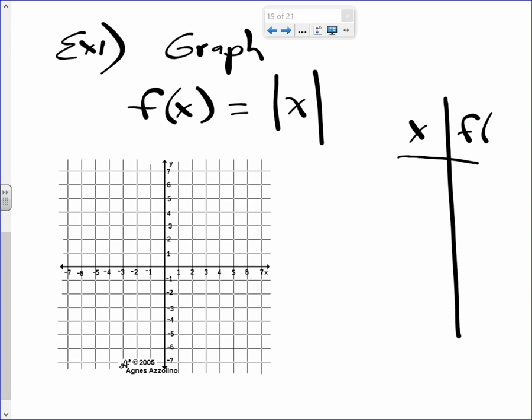We have function form, so instead of y, I'm putting f of x, because remember, y and f of x mean the same thing. You should know that by now. We're going to see if this graph is linear or not. Do you guys think this will be linear? Let's see. What's some good numbers, Gonzalez?